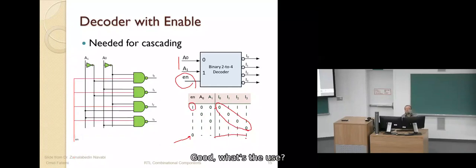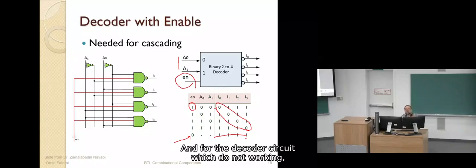Good? So what would be the use of it? We will see an application of that. But before that, the concept is this: when enable is active, the circuit works as before. But when enable is not active, is disabled, the circuit doesn't work as it was before.